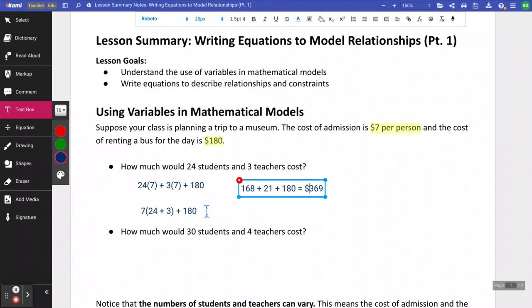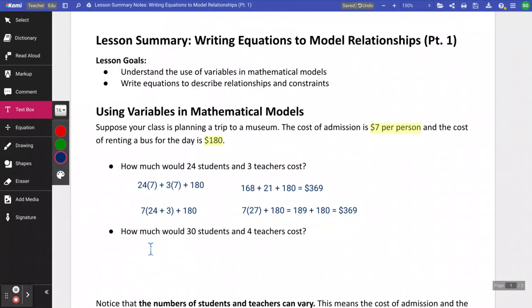If you had been using this one down here to calculate instead, I'm thinking of it as 7 times 24 plus 3. That's 7 times 27 plus our 180. Well, I know 7 times 27 is 189 plus that 180. And when you add those up, guess what it's going to give you? It's still going to give us that 369.